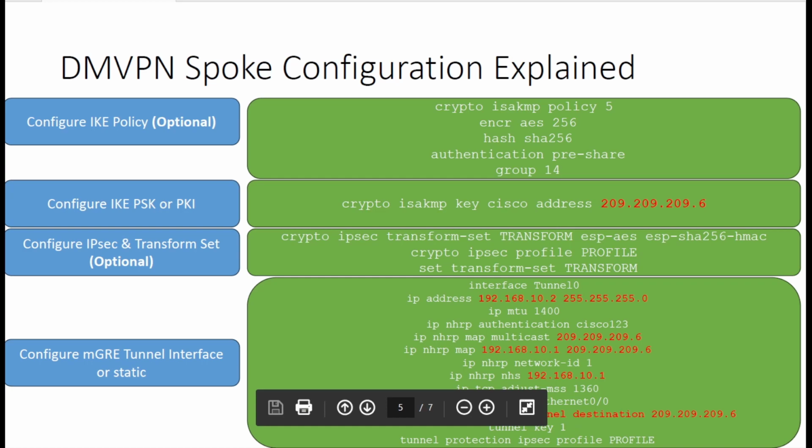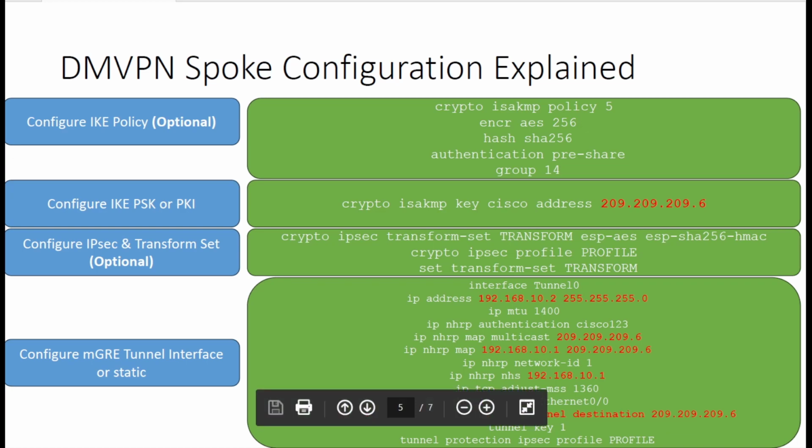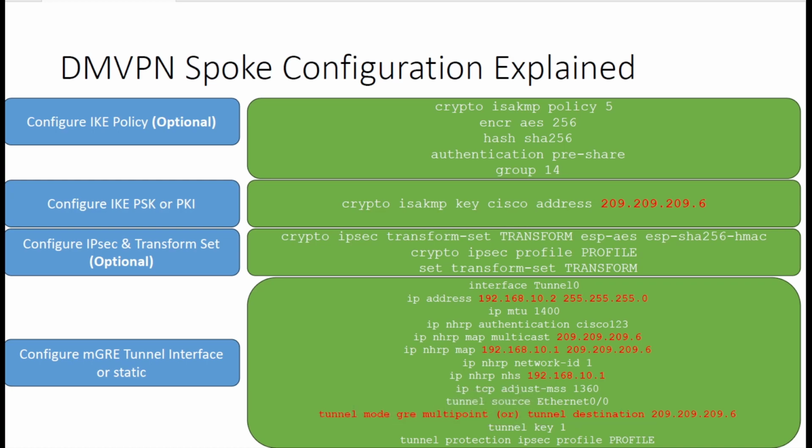We're going to change from specifying the tunnel destination as being the hub, to specifying the tunnel mode as GRE multipoint, which is going to allow us to form those spoke to spoke tunnels, if you like. So we'll take a look at that in the lab in a moment.